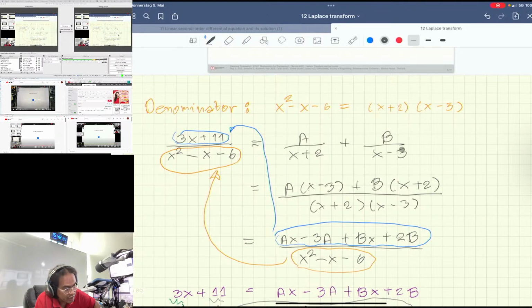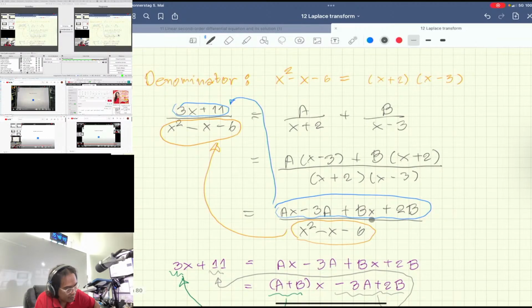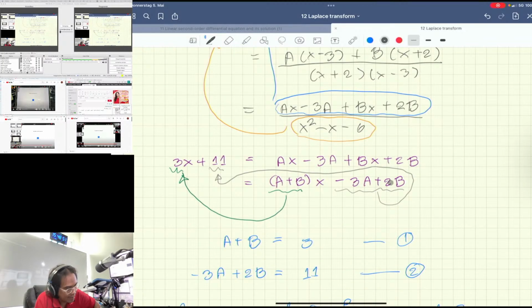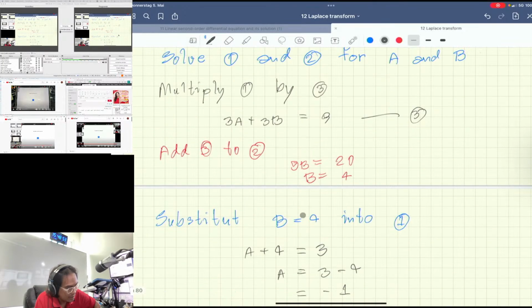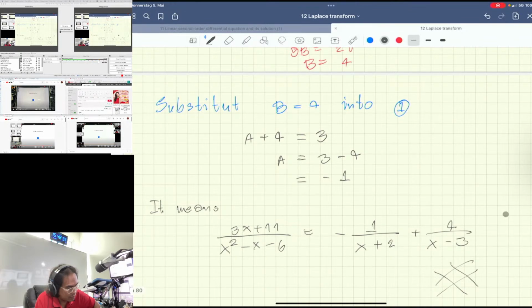You decompose it and form two new unknown variables, a and b, and then you find the values for a and b, and finally you get the answer like this. If you don't believe me, we are going to decompose the partial fraction on the internet to check whether our result is correct or not.